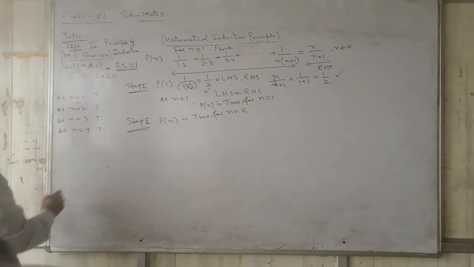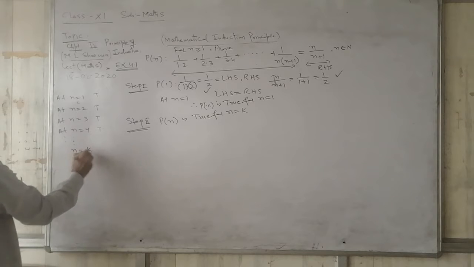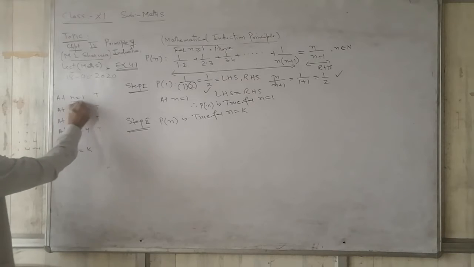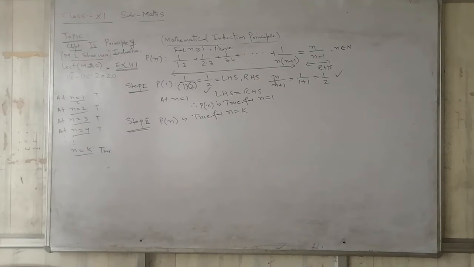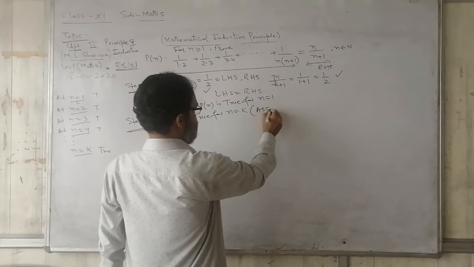And if I go on checking, so if I take n equal to k, where k is a positive number, so if this is true at 1, at 2, at 3, at 4, naturally this will be true at n equal to k. So we have assumed here.